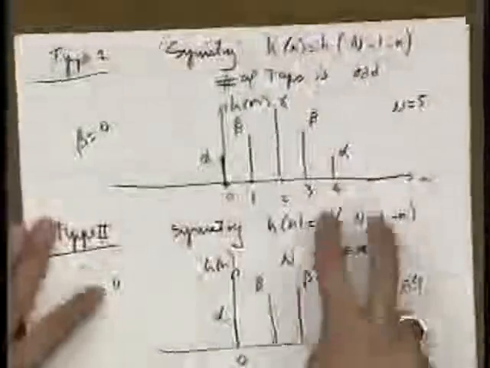Type 2 is symmetry condition, number of taps even. Type 3 is anti-symmetric condition, number of taps odd, and type 4 is anti-symmetric and number of taps even. So I'm going to wrap up that discussion in the next 5 or 10 minutes, and then talk a little bit about quantization.